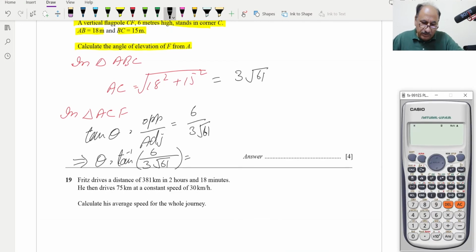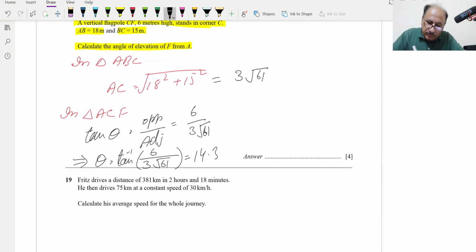To find tan inverse, the calculator should be in degree mode, so shift mode and we will change to degree, and now we will get the correct answer. So 6 over 3 root of 61, close the bracket, and this is equal to 14.36 degrees. 14.36 will be our answer over here.